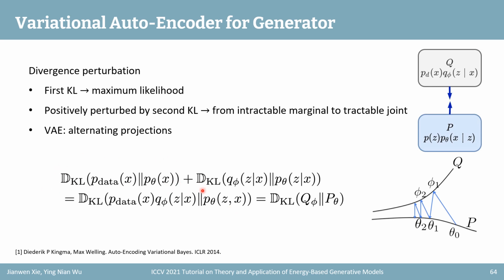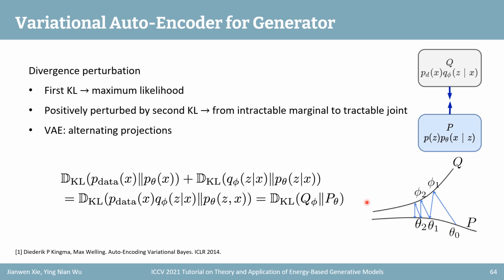So this first divergence underlies maximum likelihood, okay, and it is intractable because the marginal density is implicit. But with this perturbation of this term, which is a very important term in variational inference, we change this KL divergence between the marginals into the KL divergence between the joints, okay, so that this becomes tractable.